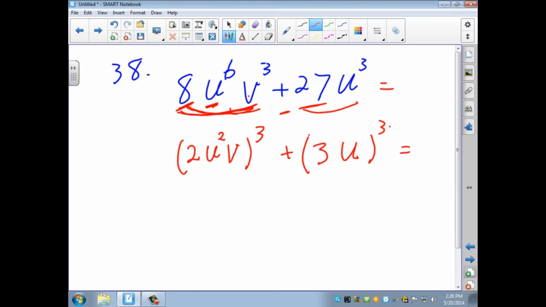Again, as a reminder, if you have 2 cubes added together, I'm going to write it here, you can factor it. If you have a to the third plus b to the third, that can be written as a plus b times a squared minus ab plus b squared.